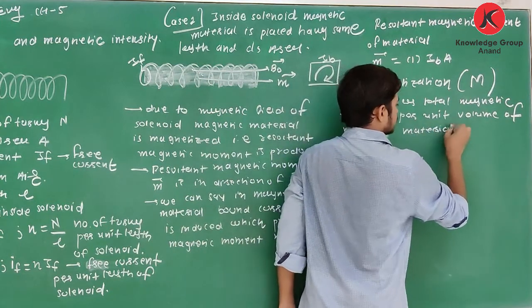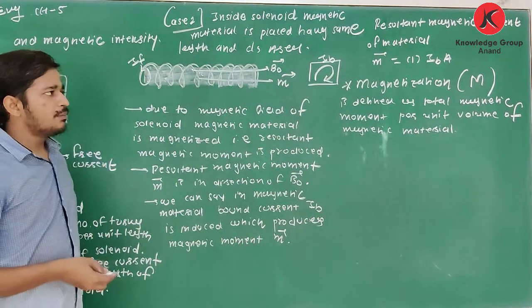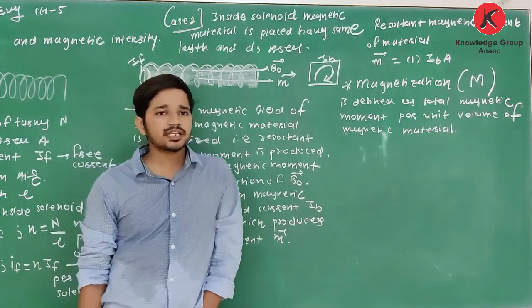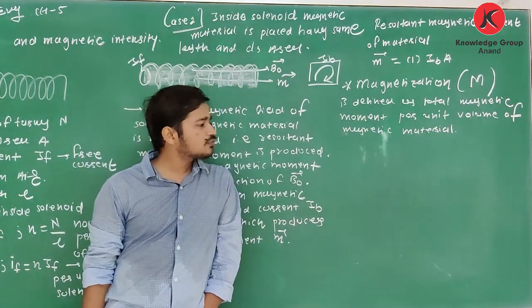Okay, so it is one definition that you have to remember. Magnetization is defined as total magnetic moment per unit volume of magnetic material.